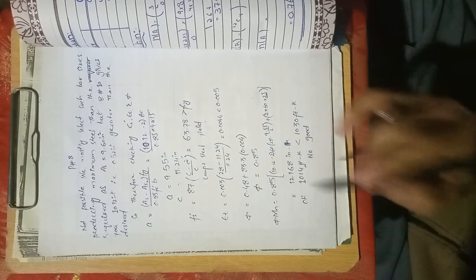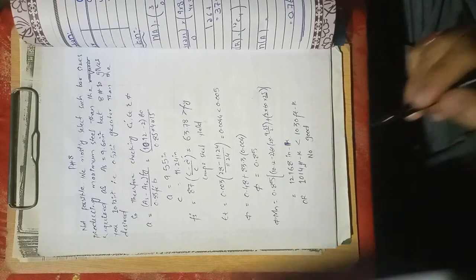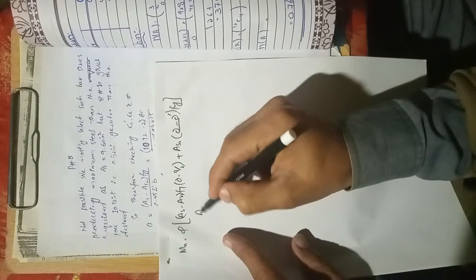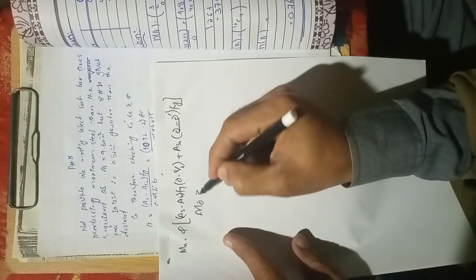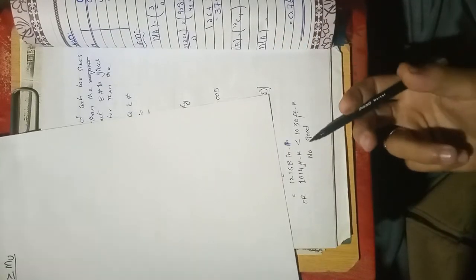theoretically this design is not fulfilling the required criteria of the ACI, because as we see, phi Mn should be greater than or equal to Mu. Although there is a little bit of decrease in the value, from the examination point of view it is okay.